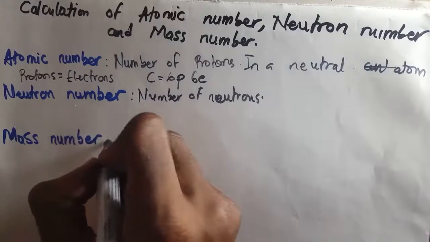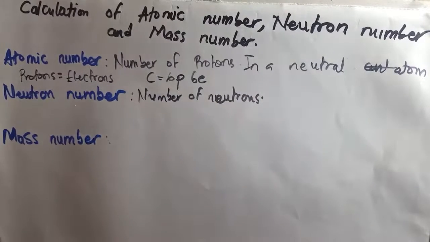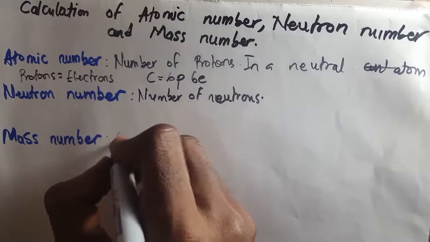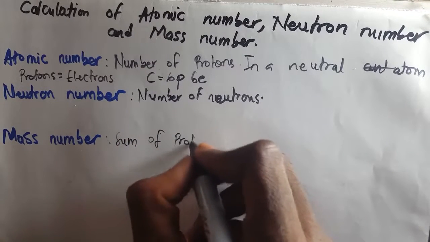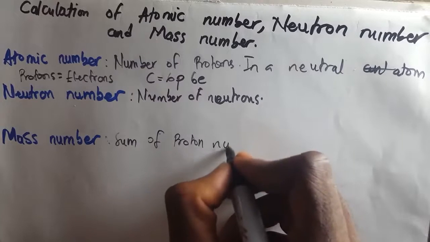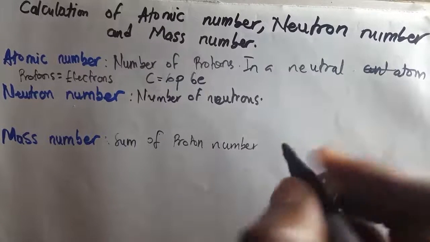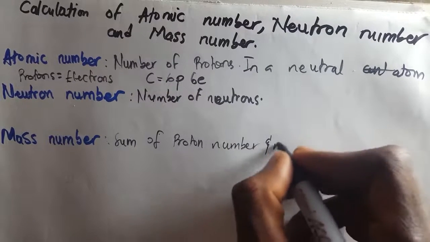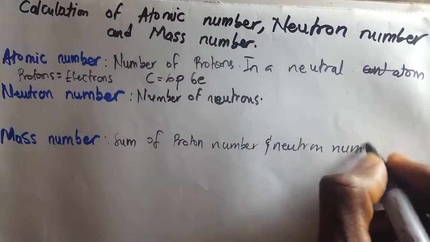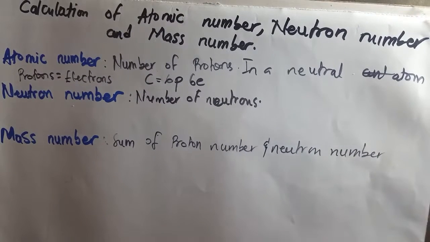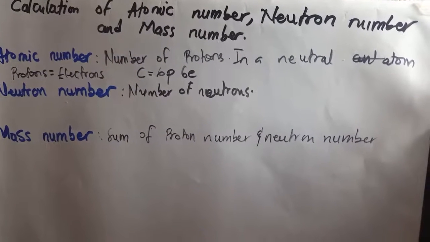Now, the next and final one is the mass number. The mass number refers to the sum of proton number and neutron number.